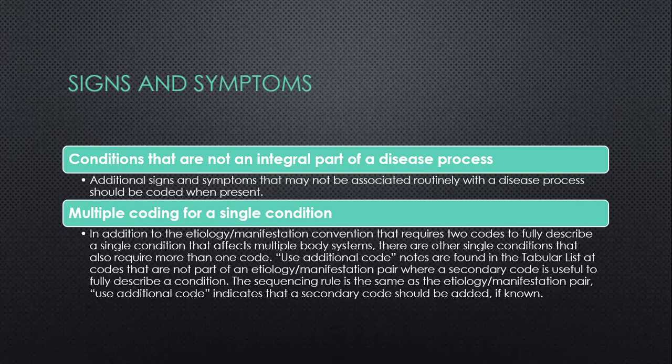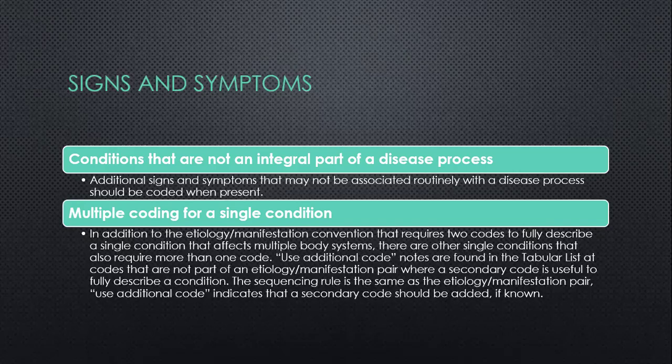And it will tell you that they are not part of the etiology or the manifestation pair, where a secondary code is useful to fully describe that condition. So the sequencing rule is the same. Use additional indicates that a secondary code should be added.